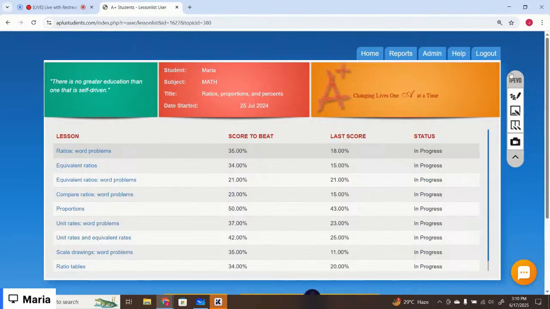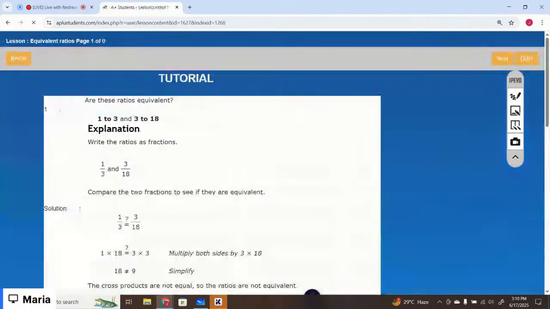The next lesson is equivalent ratios. Let's just start with the lesson. Are these ratios equivalent: 1 ratio 3 and 3 ratio 18?